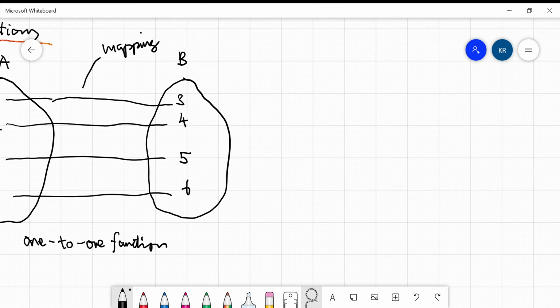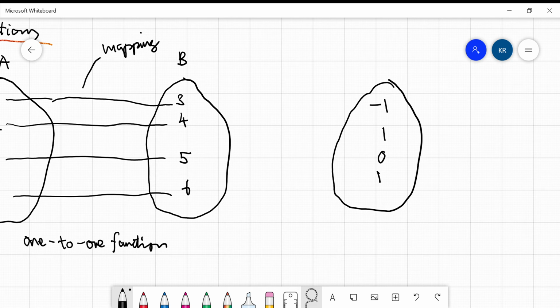Now let us consider another case. So suppose we have minus 2, minus 1, 0, 1, and 2.